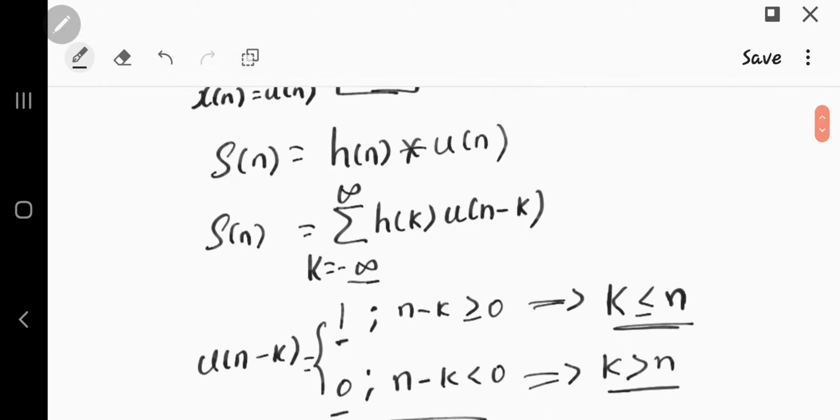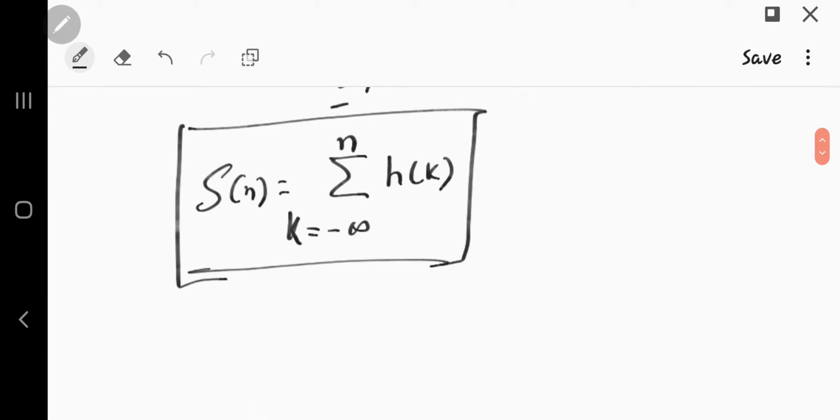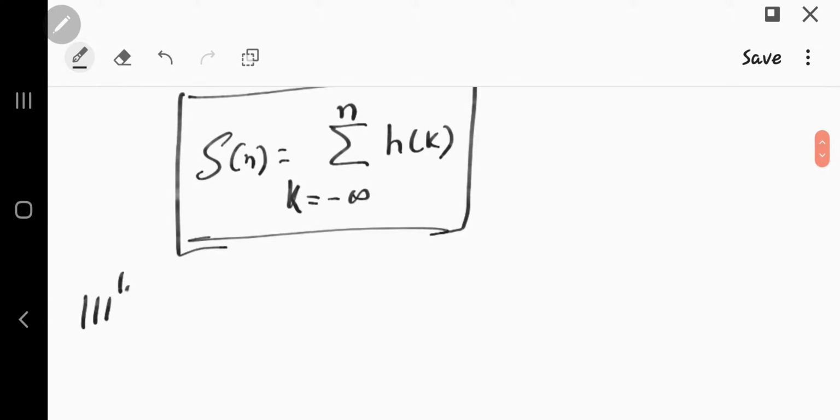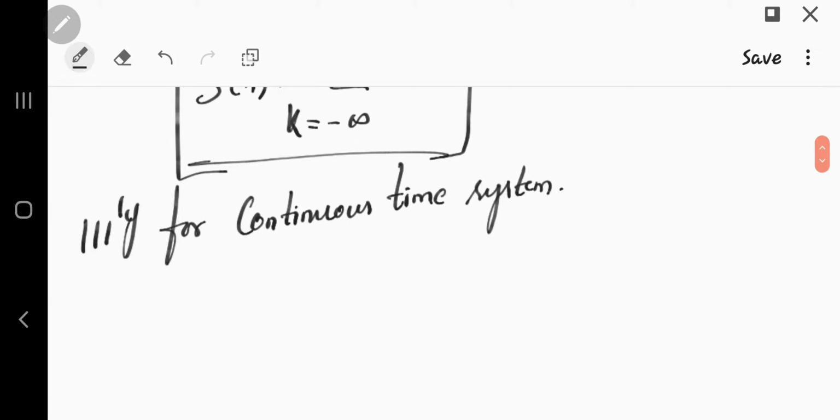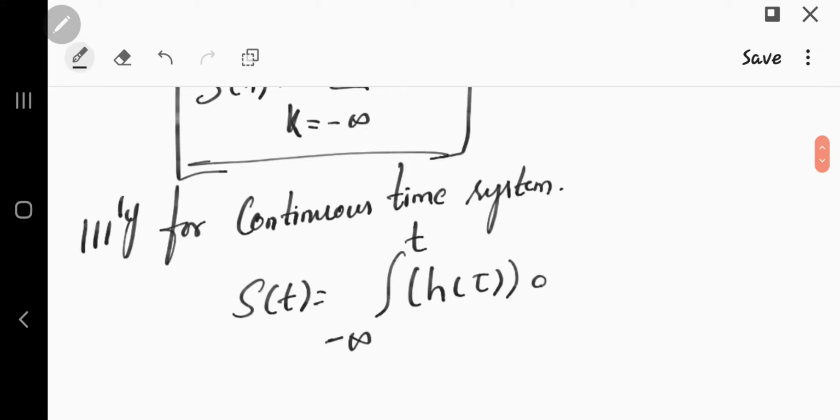Okay. Now we can express the same for a continuous time system, where the summation will be replaced by integration. So for a continuous time system, we represent s of t is equal to the integral from minus infinity to t of h of tau d tau.